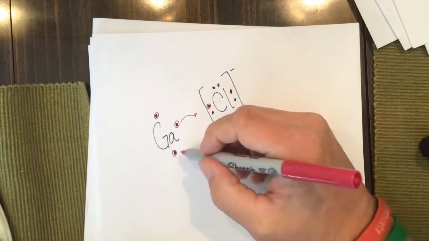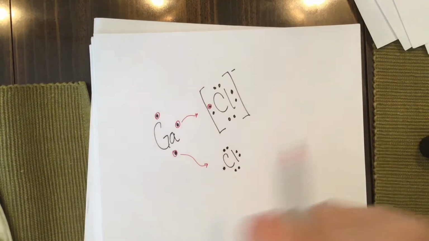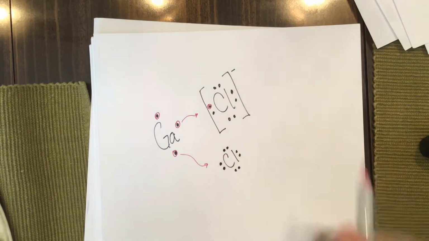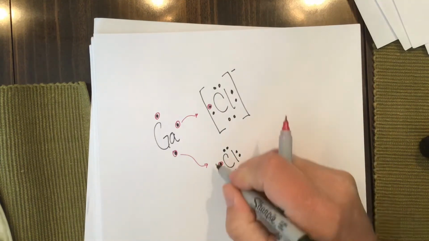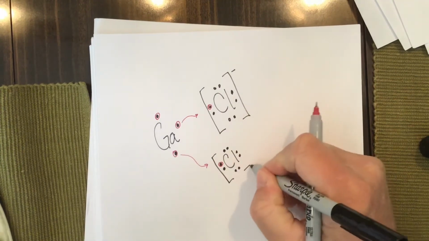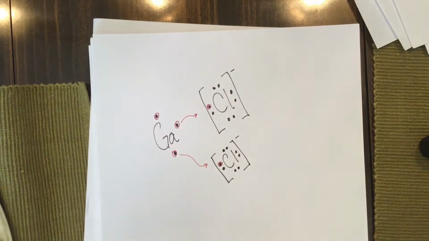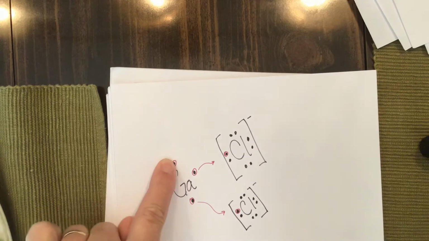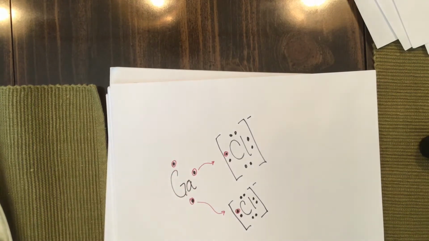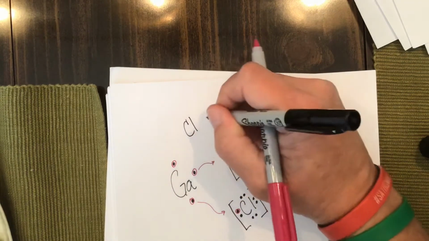And then this electron here will go down there. And now we have 2 chloride ions. Oh, but wait. Gallium still has this other electron it needs to get rid of. That's right. We're going to get another chlorine in here.